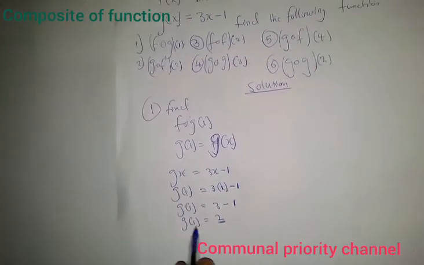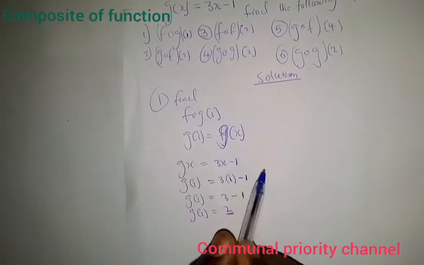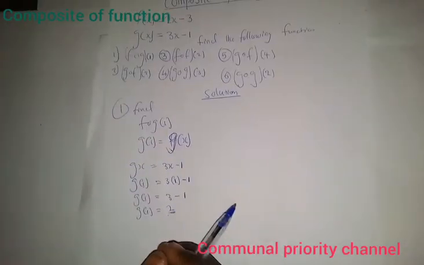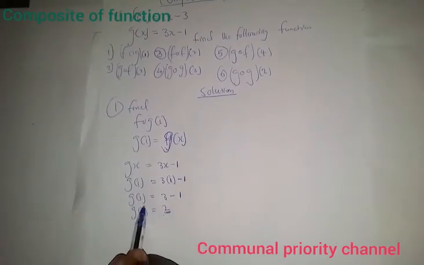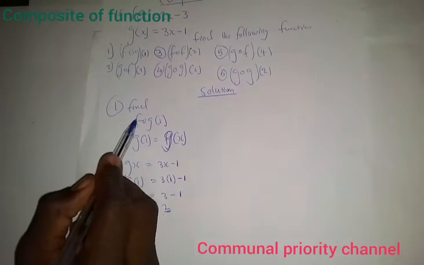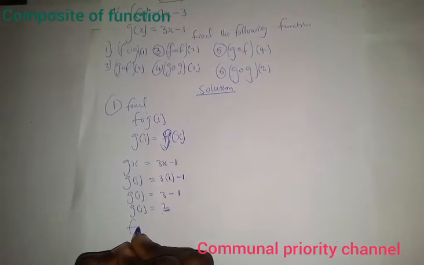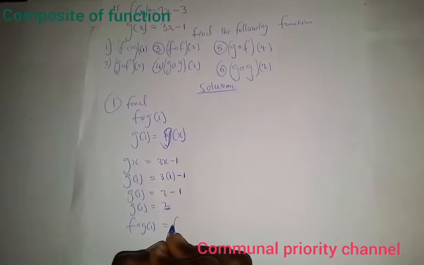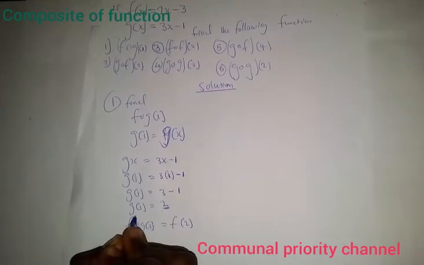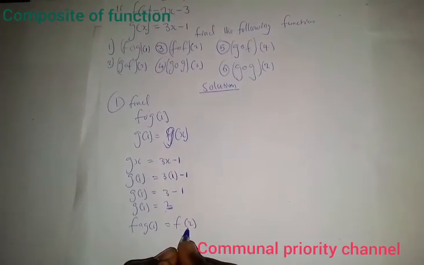So now after finding g of 1, which is equal to 2, we'll now find f of g of 1. Since g of 1 is equal to 2, f of g of 1 will be equal to f of 2.